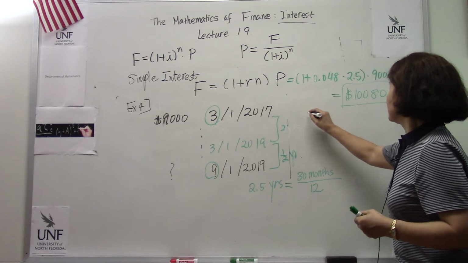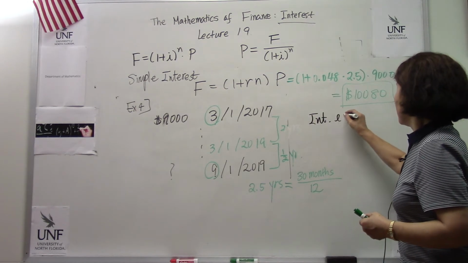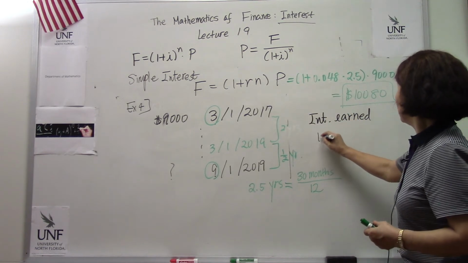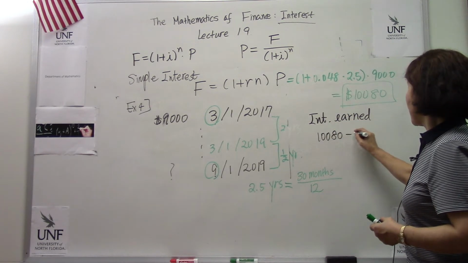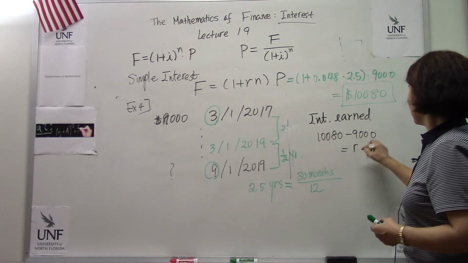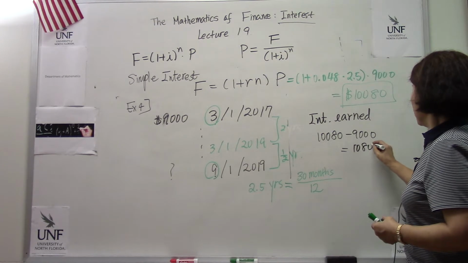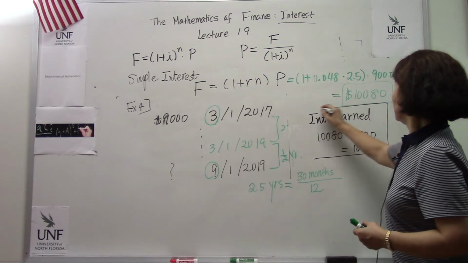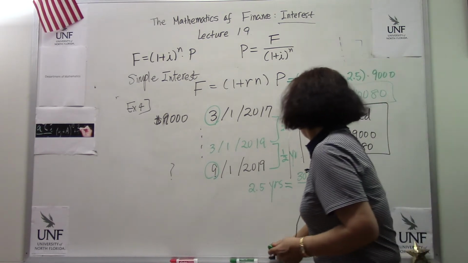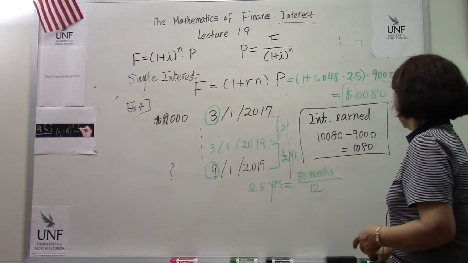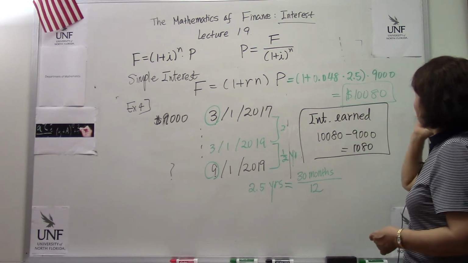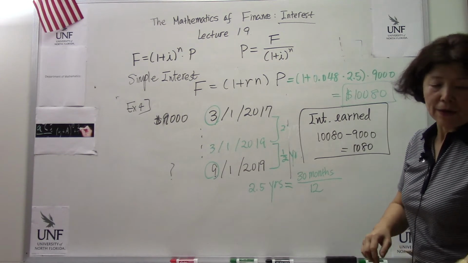So how much of interest do you earn? Yeah, interest earned is always what? The difference between the future value and this value. So future value 10,080 minus 9,000. So that gives you $1,080. Sounds like a little too much.